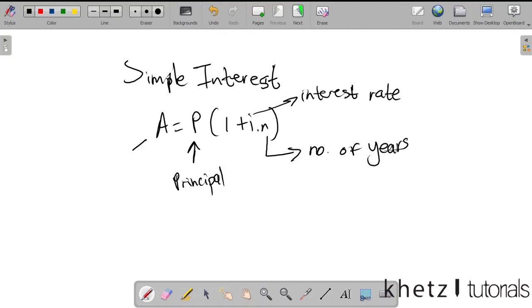And this A would be your accumulated amount, which is the amount you get after having this type of growth, right? So this is the simple interest formula, and I'll show you how to use it in just a bit.